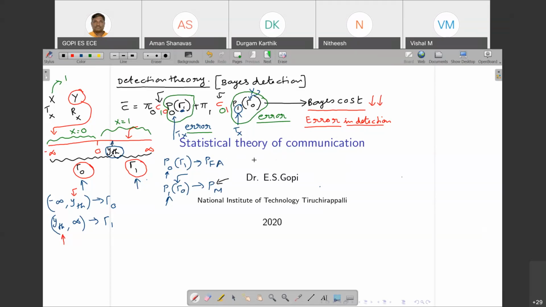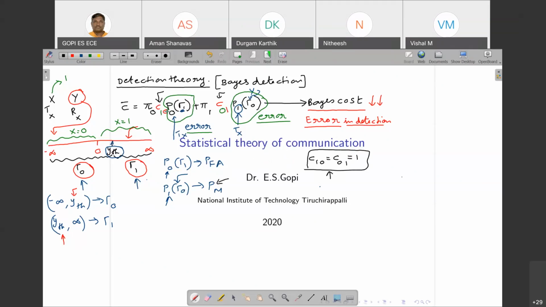But in digital telecommunication, if I am transmitting ones and zeros, and both are equally important, there is nothing like presence and absence in that case. It is not the radar application. In that case, C10 as well as C01, you can make identically 1. So the importance is equal.